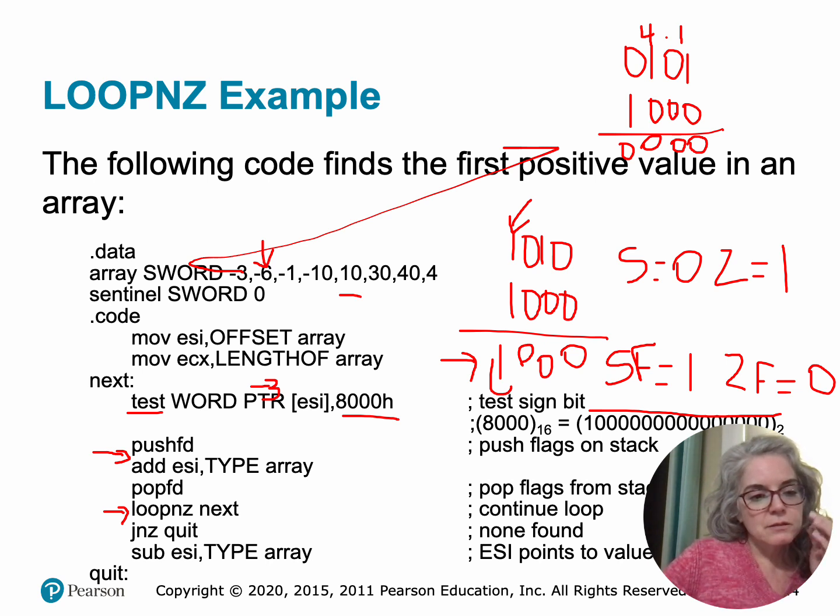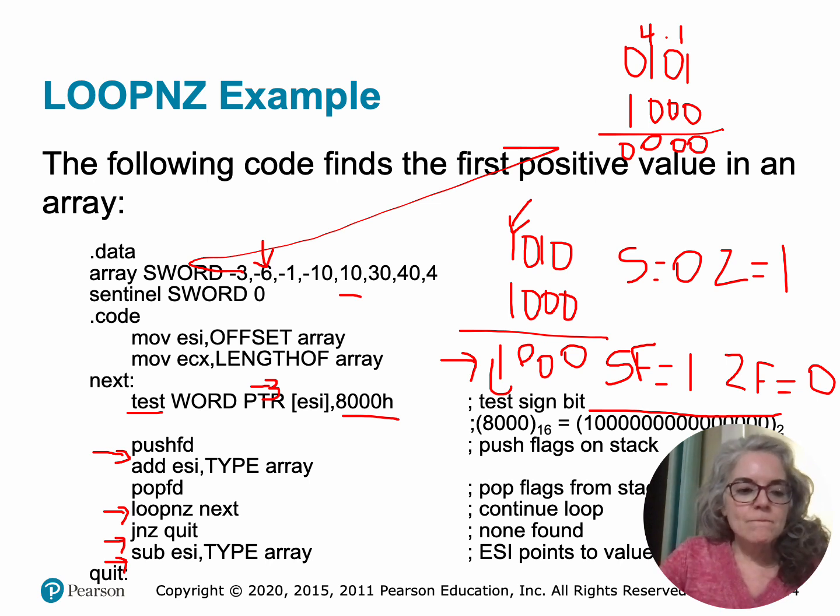And this loop stops if the 0 flag is set to 1. And instead of going to next, it's going to go to this instruction. And this instruction says, jump if not 0. So our 0 flag is set, so we don't go to quit, otherwise we would quit here. We actually go to this instruction.